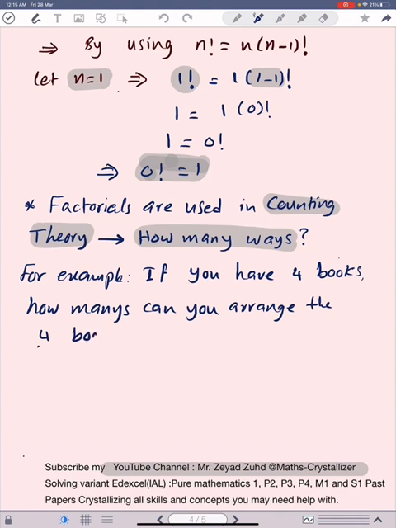The answer to this question is simply 4 factorial, which using the definition is 4 times 3 times 2 times 1, which is 24 ways.